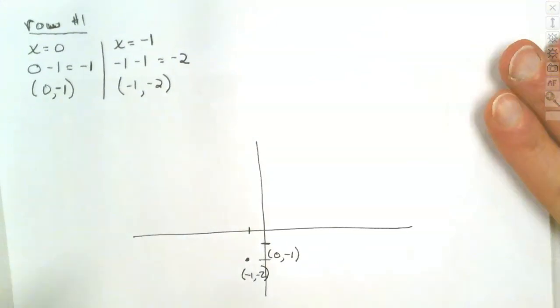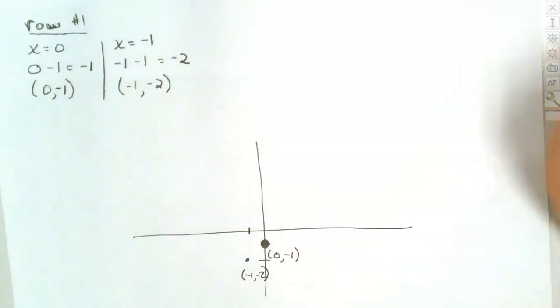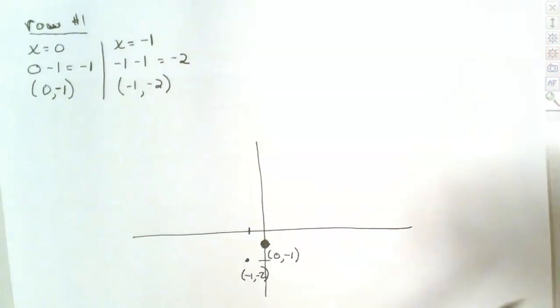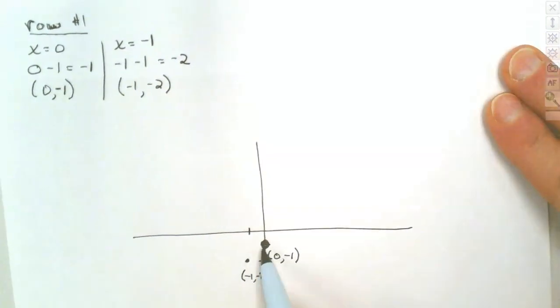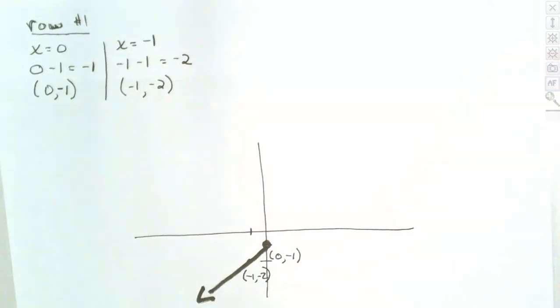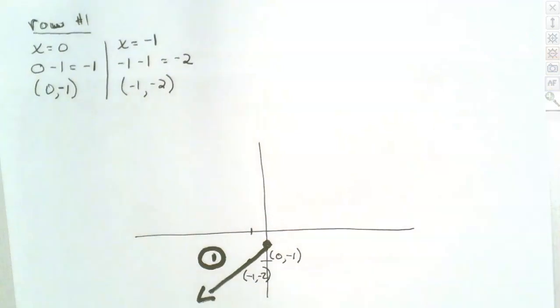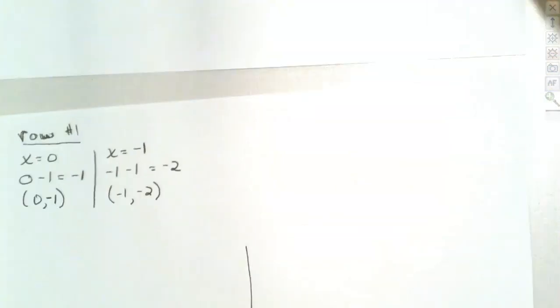So we need a closed circle right here at 0, negative 1. This is a line, so it's not going to be a curve because it just has an x, so that's a linear function, and that makes that piece. So there's one part of it. And I'll go ahead and label these 1, 2, and 3. So there's your first row. We got that one. Now we'll go up to our function again.